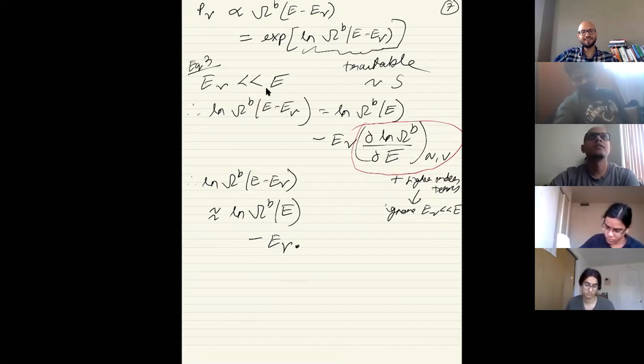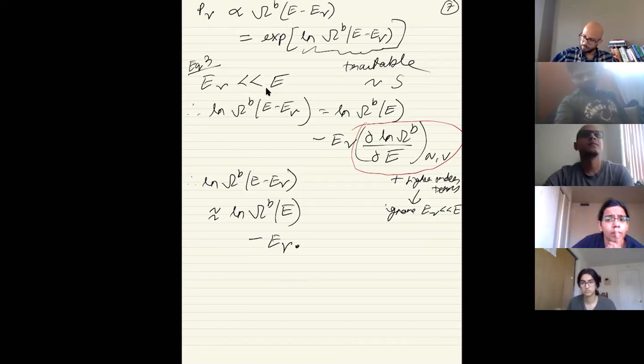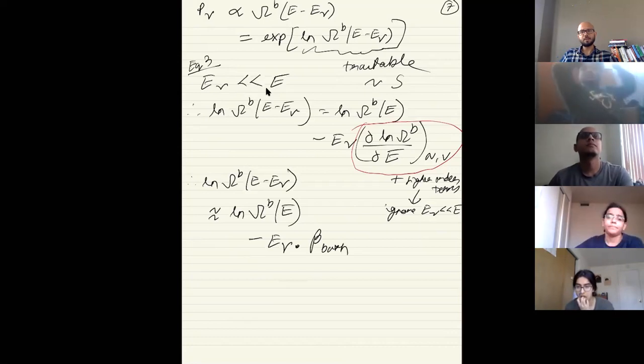You're a scientist. How? And which temperature? Because del S by del E equals either 1 by T or T. It comes out to be beta. Omega is related to entropy, right? Yes, so you can be precise. This is nothing but beta bath. This is the inverse temperature of the bath.